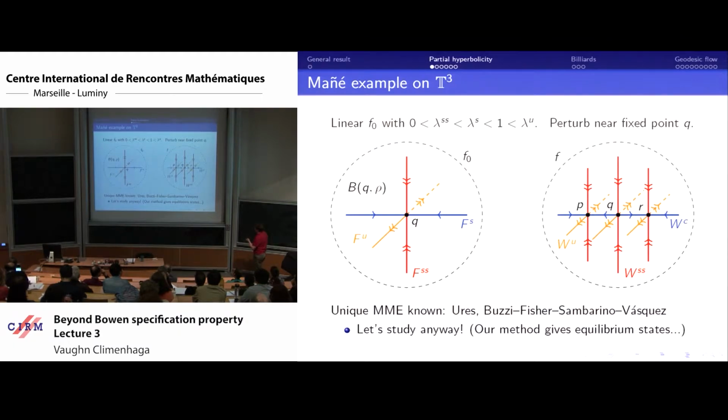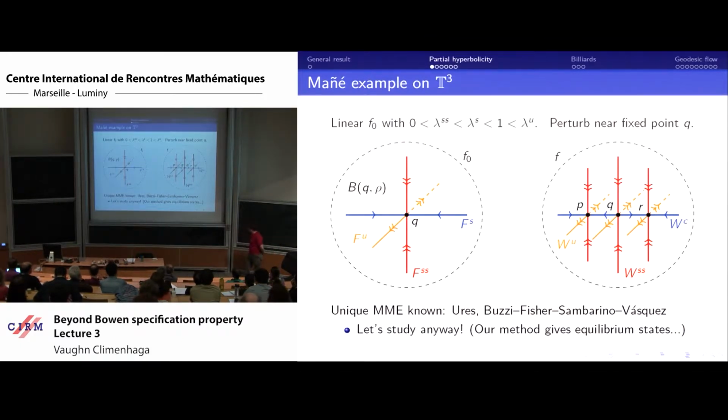The center, this middle direction becomes expanding at Q, and you create two new hyperbolic fixed points with the same index as Q originally had. And you ask what you can say about the new system. And plenty of people studied this. Mañé introduced it quite a while ago. In fact, it was already known that this system has a unique measure of maximal entropy. Raúl Ures gave one proof.